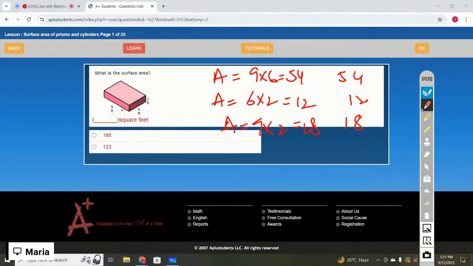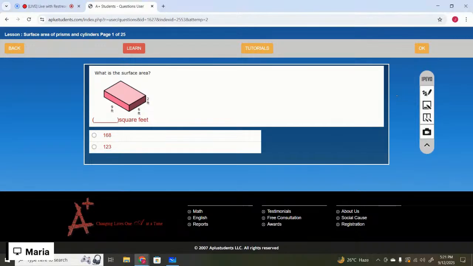The correct option is 168. Option number 1 is the correct option.